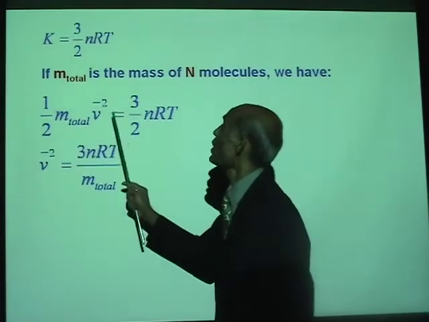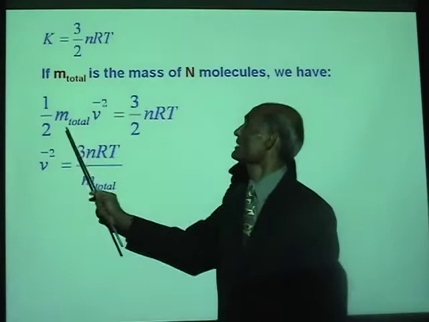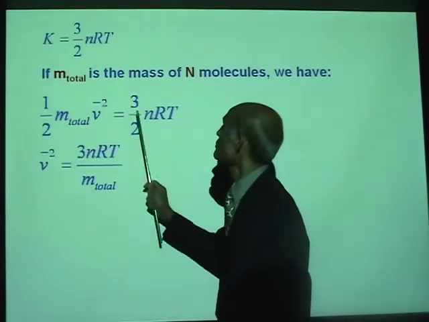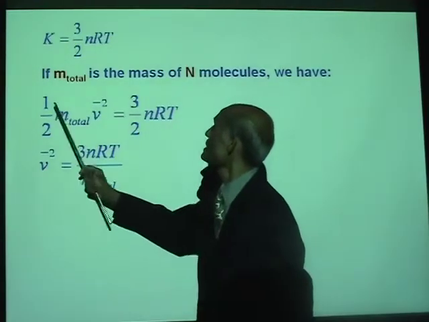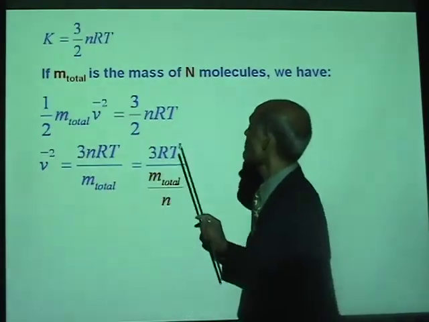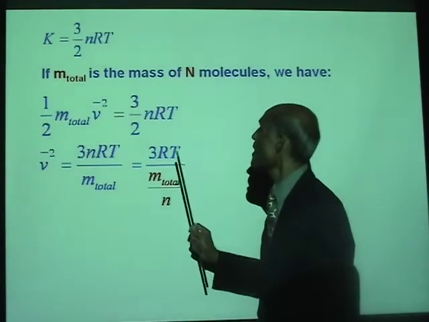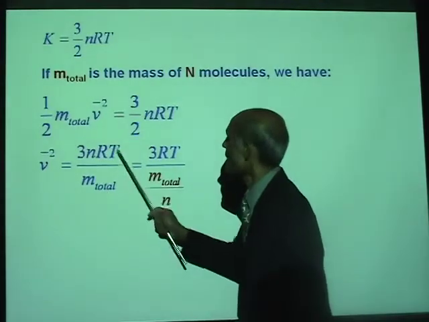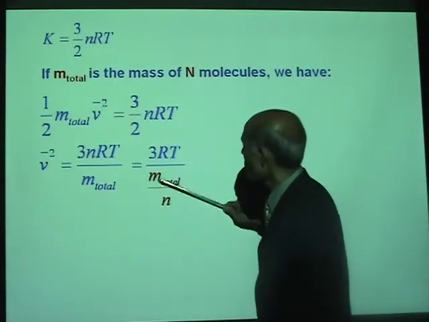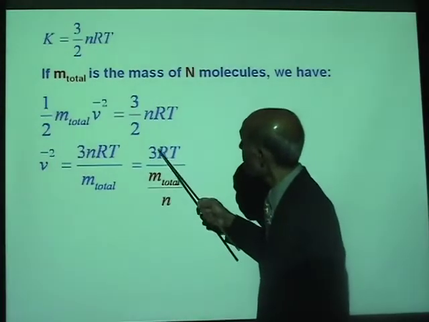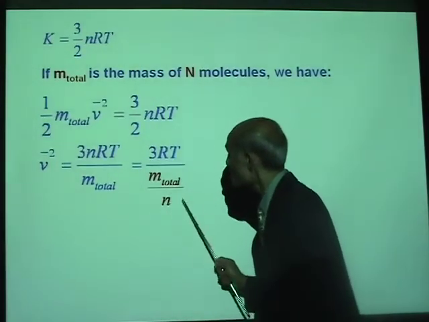And can you solve for v bar from there? You can see these 2's will cancel. v bar squared is 3 nRT over m total. That will be 3 RT over, look at the way I wrote it, the n on the numerator I brought down, m total over n. Actually, this n can go up to the numerator, but I wrote it like this.